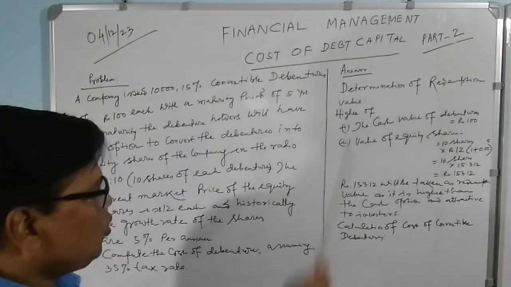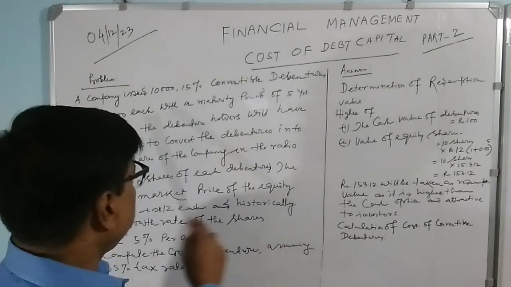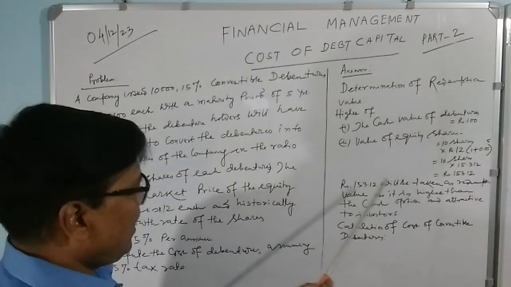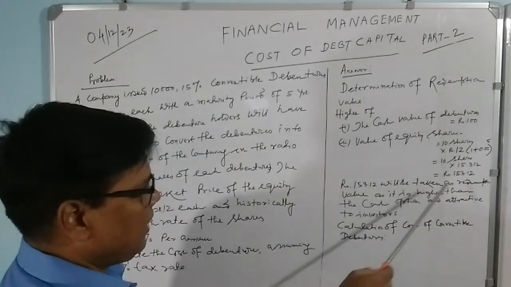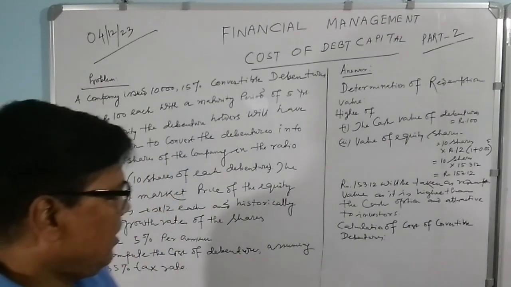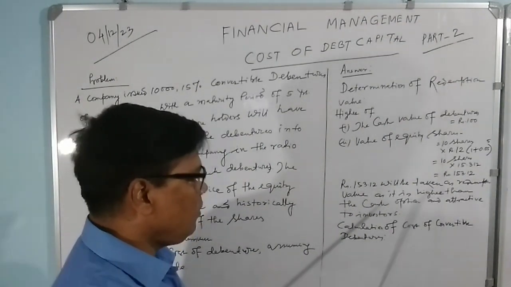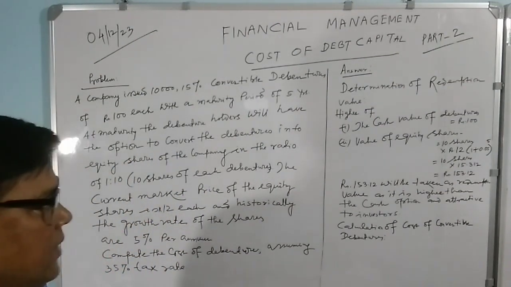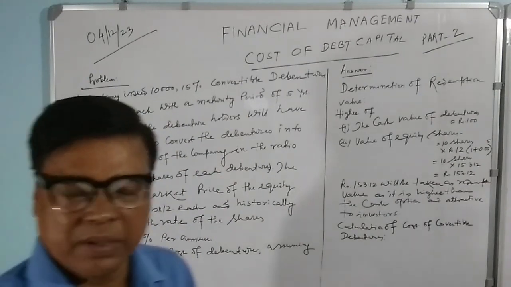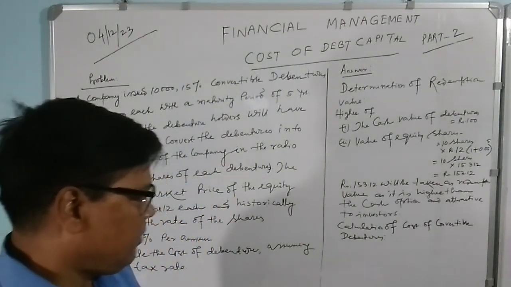Two options are there: the cash value of debentures at the end of the 5-year maturity period, and the convertible value, which is 153. We have to take the higher of the two, so 153.12 will be taken as the redemption value, as it is higher than the cash option and attractive to the investors. Definitely whichever is higher will be attractive to the investors.